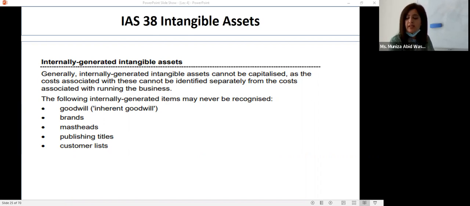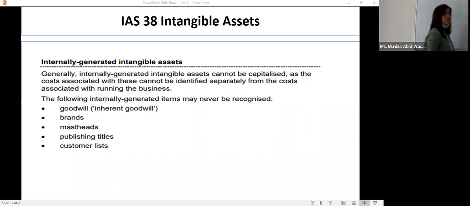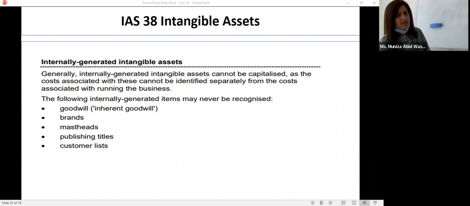The following internally generated items may never be recognized: goodwill, brands, mastheads, publishing titles, customer lists. So these kinds of internally generated intangible assets are not going to be recognized in our books of accounts. Do not consider that if these intangible assets are purchased they are not recognized. They will be considered intangible assets and will be recognized as per IAS 38 if they are purchased.